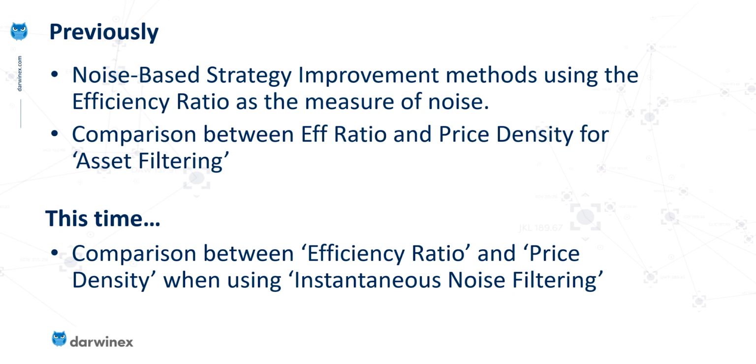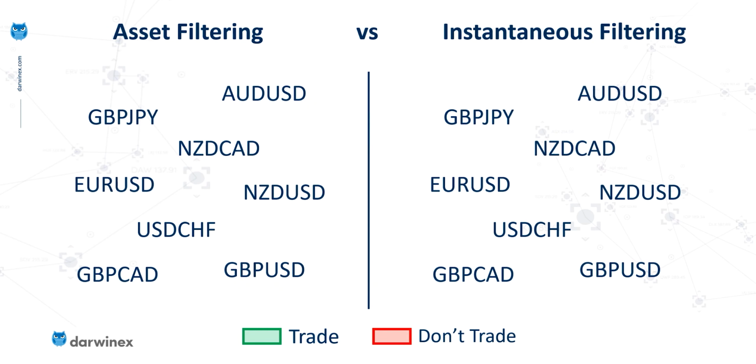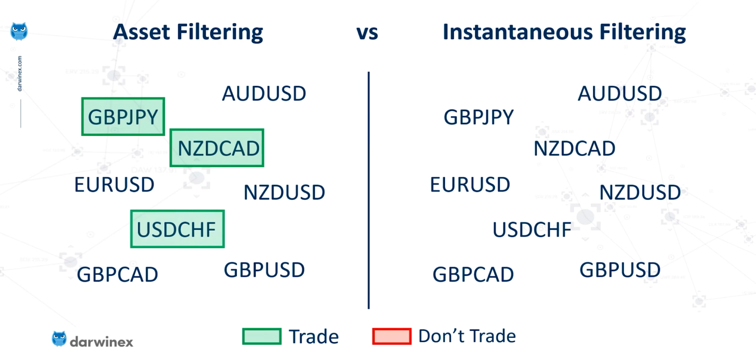Before we start, let's just do a very quick recap about what the differences are between asset filtering and instantaneous filtering. With asset filtering, we make an upfront decision about which assets we will choose to trade based on those that have characteristics around noise that are suited to the trading strategy that we're using.